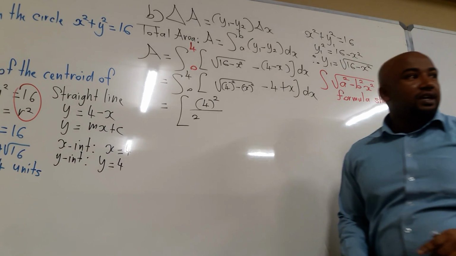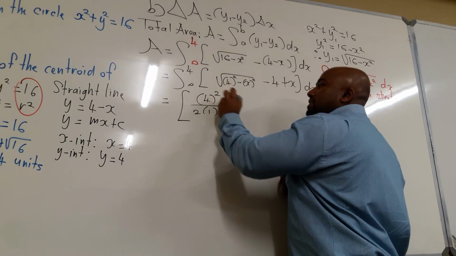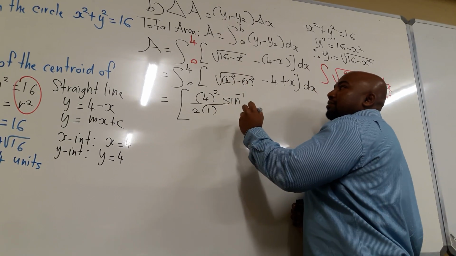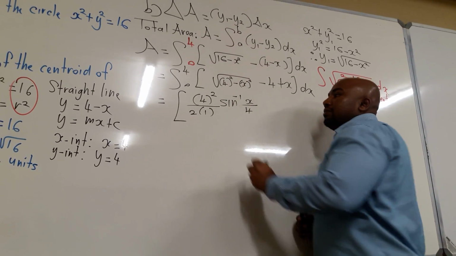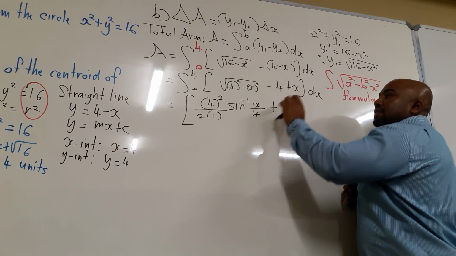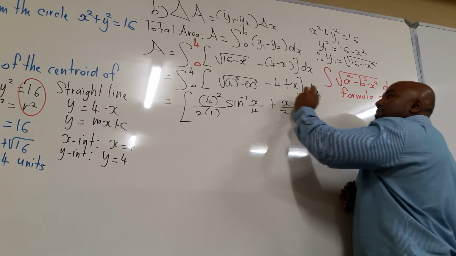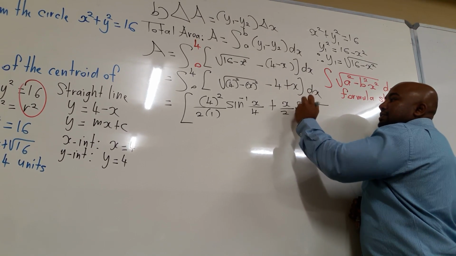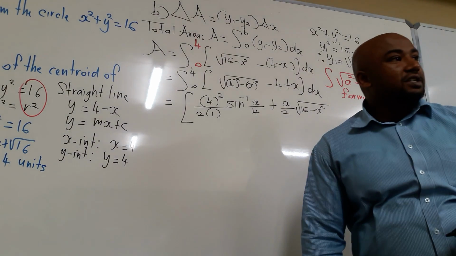What is b here in this case? b is 1. Inverse sine bx over a, so that will just be x over 4 plus x over 2 times the square root of 16 minus x squared. Go to your formula sheets, it's there.